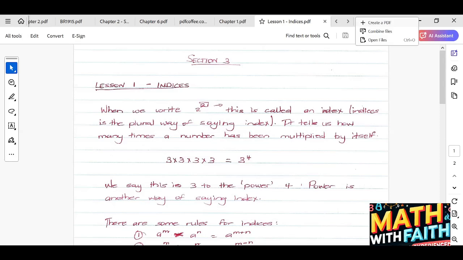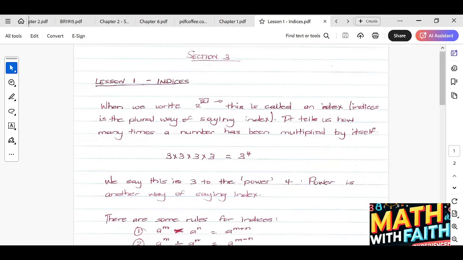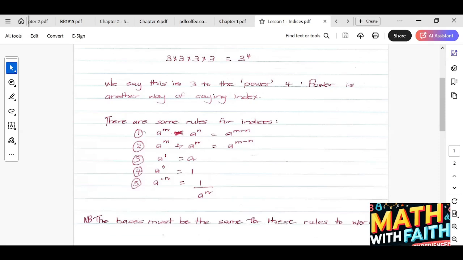Now, there are some rules to indices that we have to remember. There are 5 rules that you have to commit to memory, right? And these are the 5 rules. The first rule is that a to the m multiplied by a to the n is equal to a to the power m plus n.